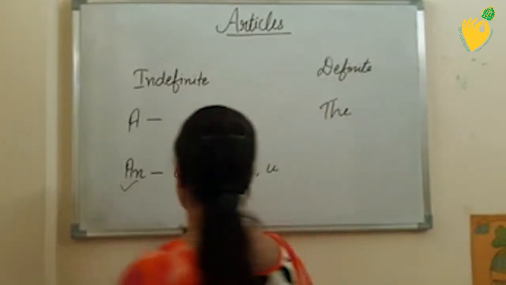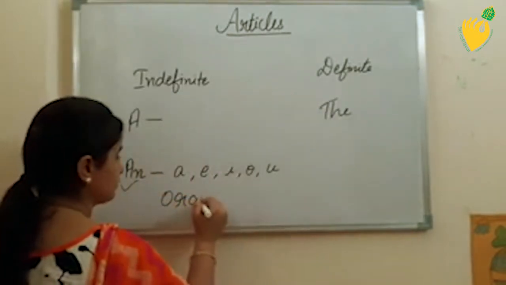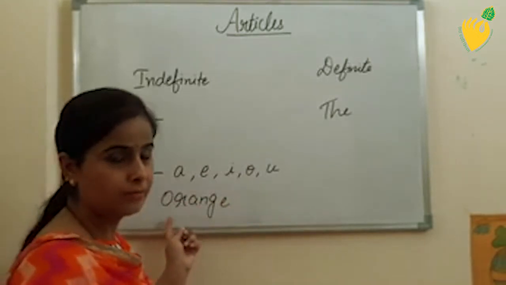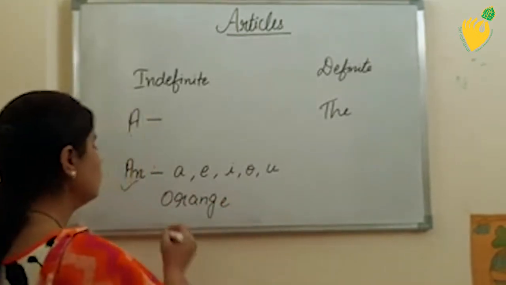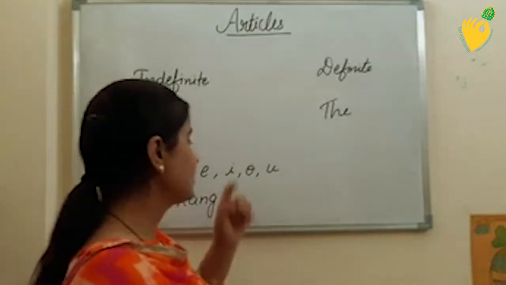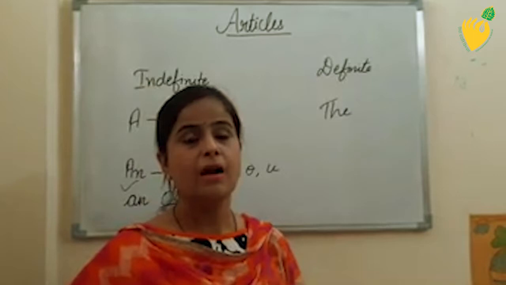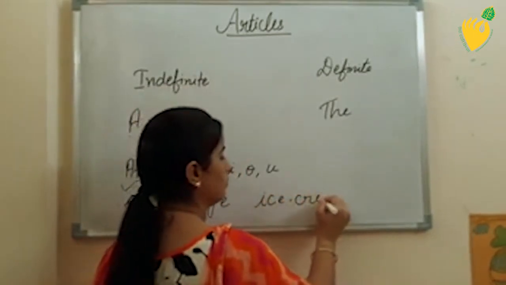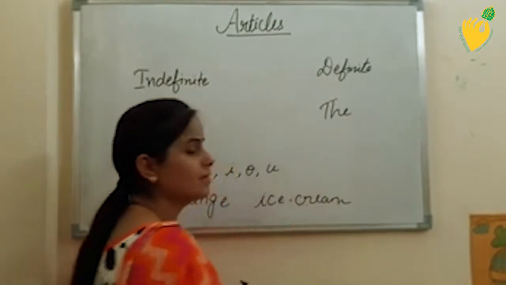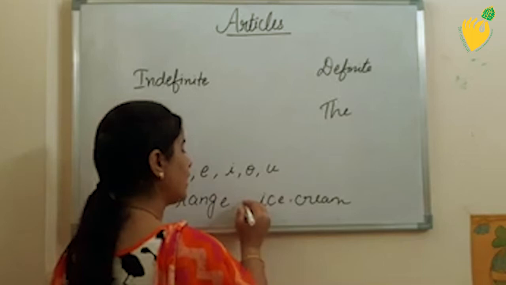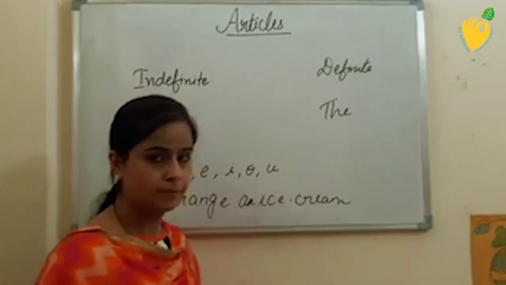For example, orange. Orange starts with O, which is a vowel sound. So before orange we will use an. Next example is ice cream. Ice cream starts with the vowel sound A. So before ice cream we will use an.